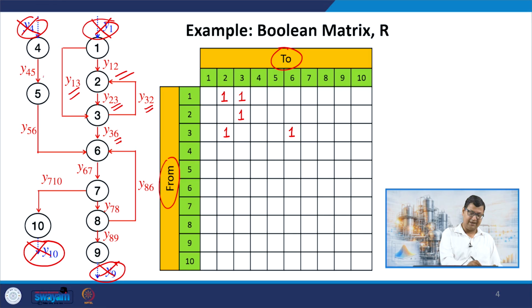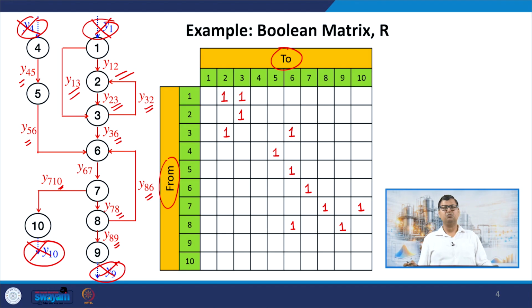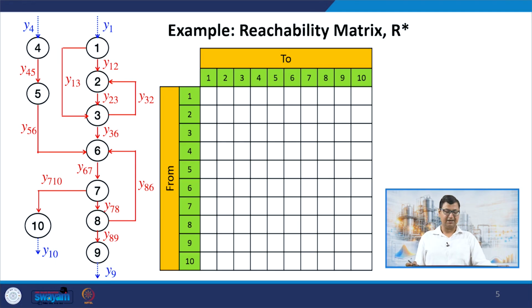From 4, I can only go to 5, and from 5, I can only go to 6, and from 6, I can go to 7, and from 7, I can either go to 8 or to 10, and from 8, I can either go to 6 or 9, and from 9, this is the output interface. So, from 9 we cannot go anywhere, and from 10 also we cannot go anywhere, right. So, first we start with the Boolean matrix for this graph, and then we can also go ahead and do the reachability matrix.